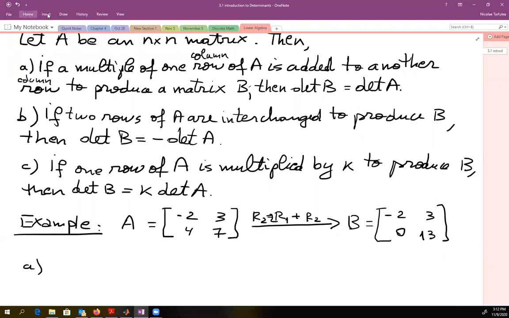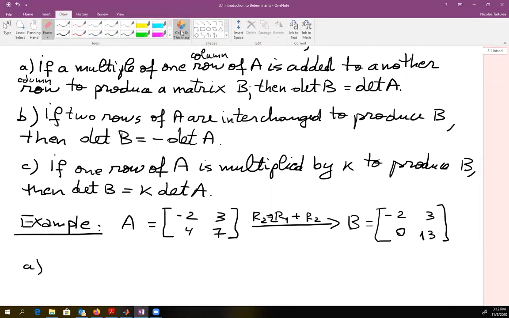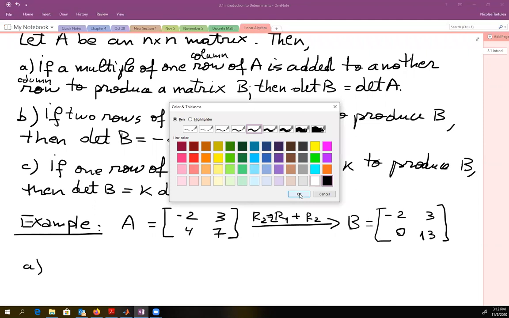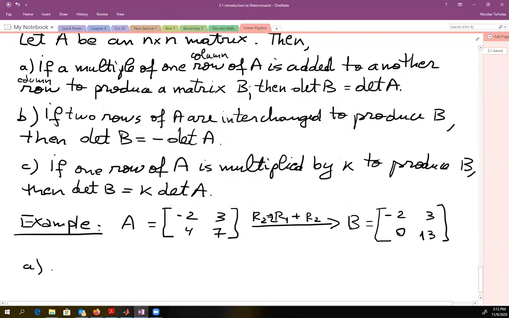Let's compute the determinants of A and B and see whether they are equal or not. They should be, according to this first property. So what's the determinant of A? It's negative 2 times 7 minus 4 times 3.